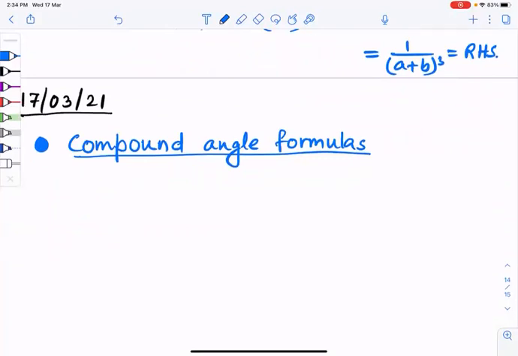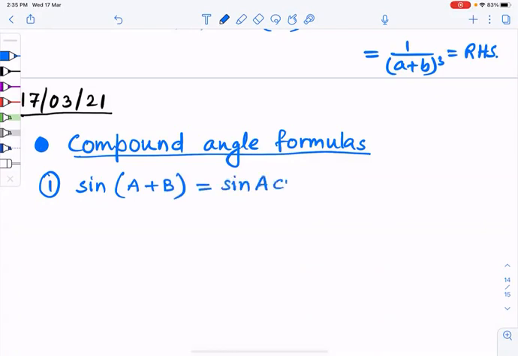The first one is sine of A plus B. A and B are angles, and the formula is sine A cos B plus cos A into sine B. So this is the formula.